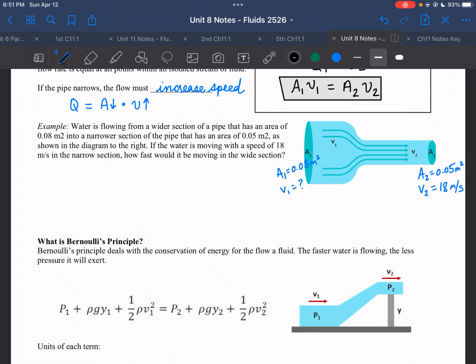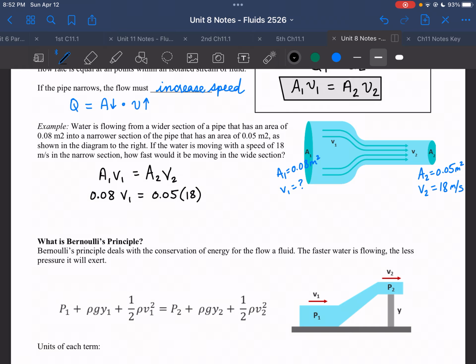Well, this is easy because we know that the same rate has to be true. The volumetric flow rate is the same in both parts of the pipe. That A1 times V1 must be equal to A2 times V2. So all we have to do is plug in our information. We have 0.08 times the velocity at the wider section is equal to 0.05 times the velocity at the narrower section.